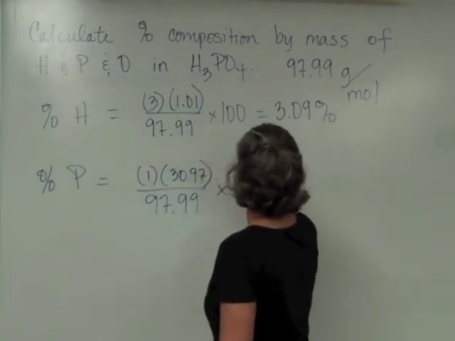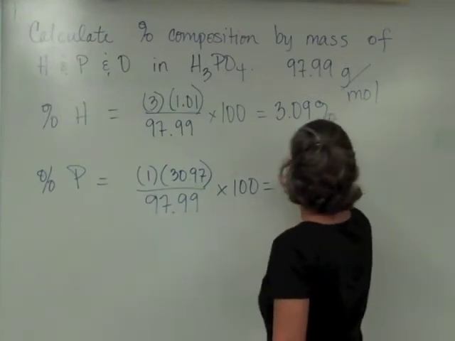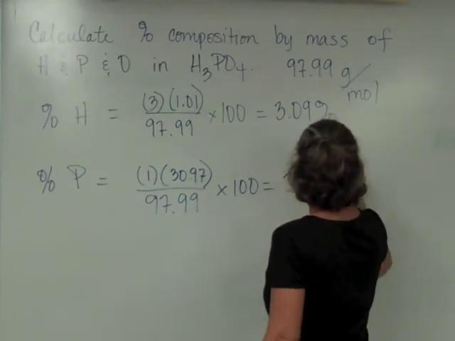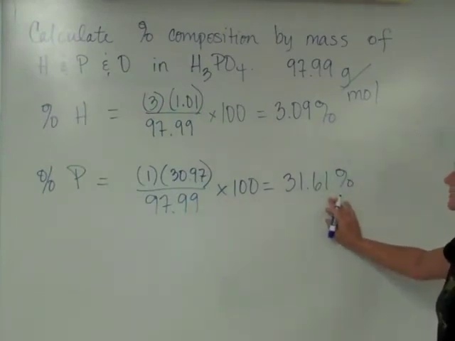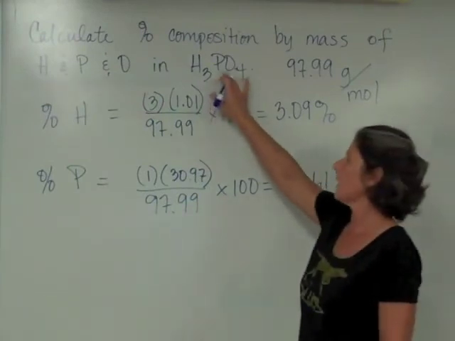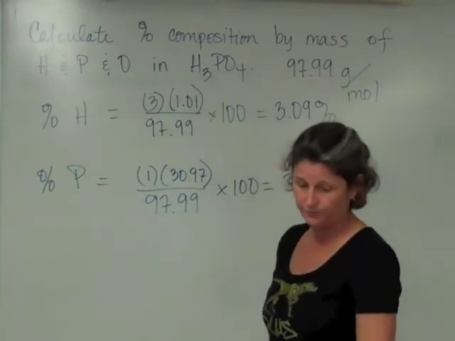Multiply that by 100, and we're going to end up having 31.61%. Okay, so that means that 31.61% of the mass of this compound is being contributed by the phosphorus.